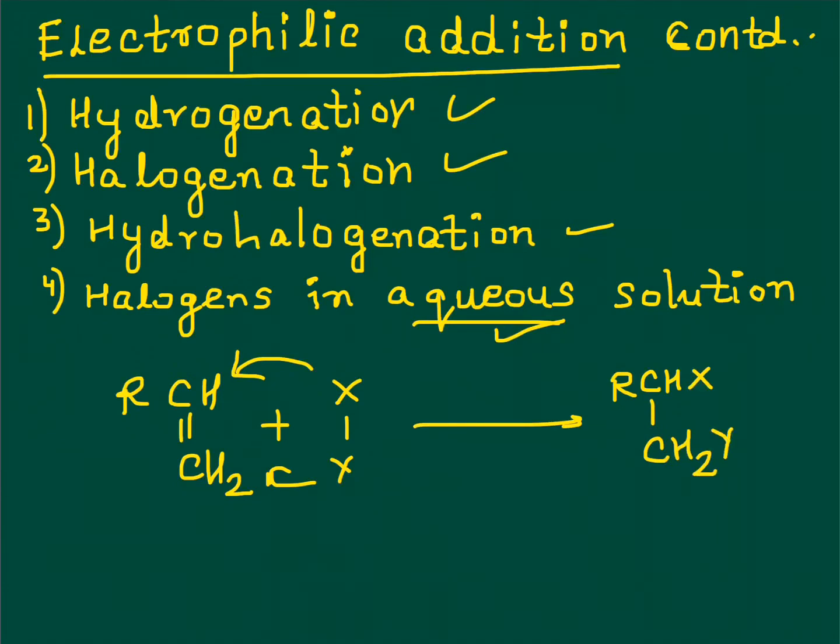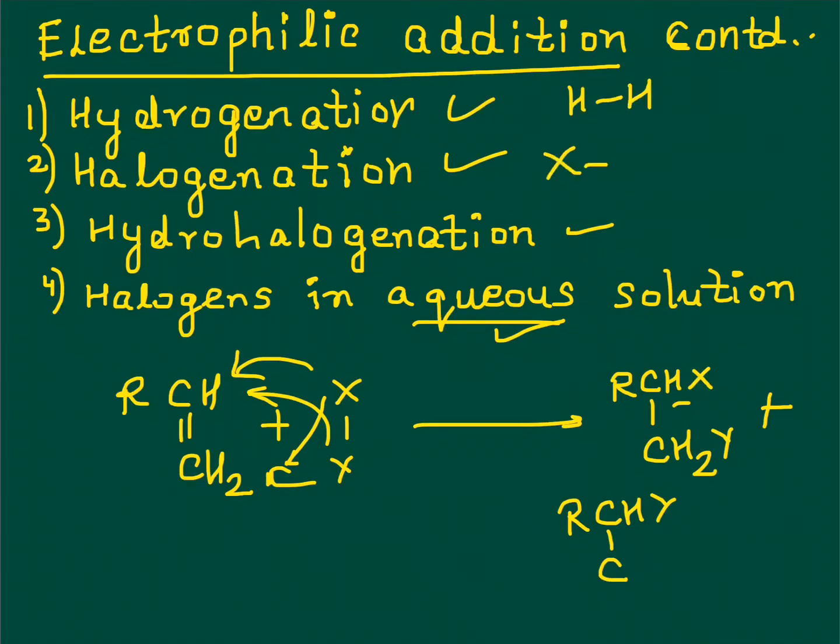One double bond changes into two single bonds. But where does the X go and where does the Y go remains to be seen, because till now we have only dealt with symmetrical reactants. So H and H, X, X, right? We have not spoken about unsymmetrical reagents.